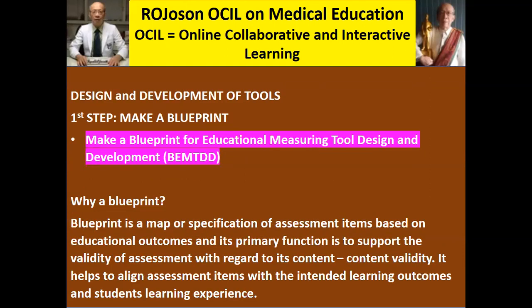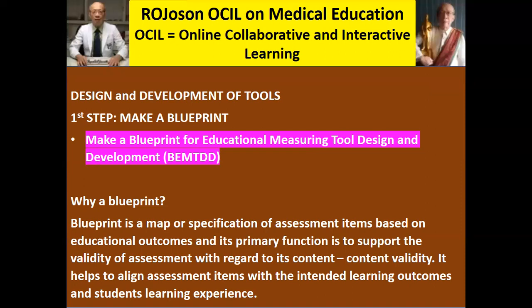Why a blueprint? A blueprint is a map or specification of assessment items based on educational outcomes, and its primary function is to support the validity of assessment with regard to its content.